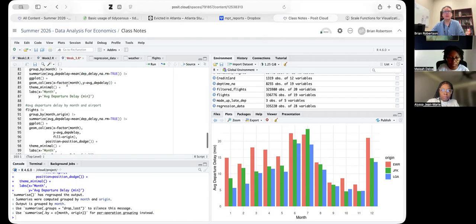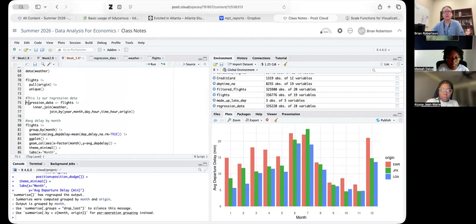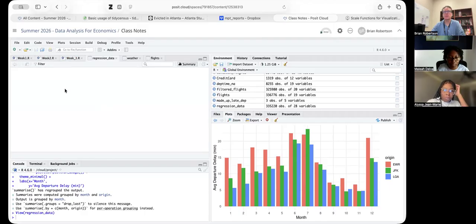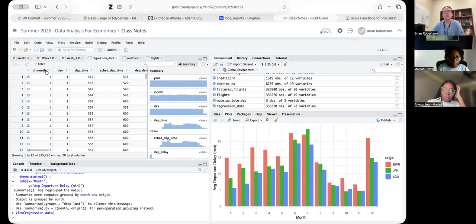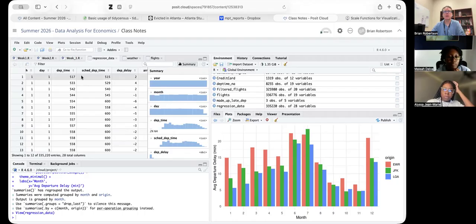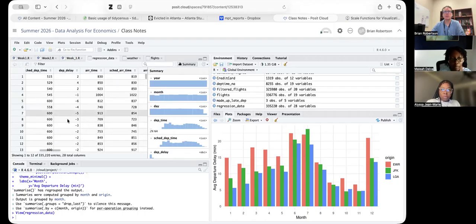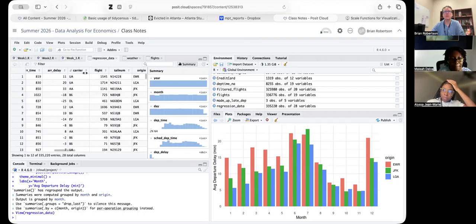So we've got this data that we created up here, this regression data, which brought together both our flight data as well as the weather data. If I just inspect this briefly: year, month, departure time, we've got departure delay in here, arrival time, scheduled arrival time.